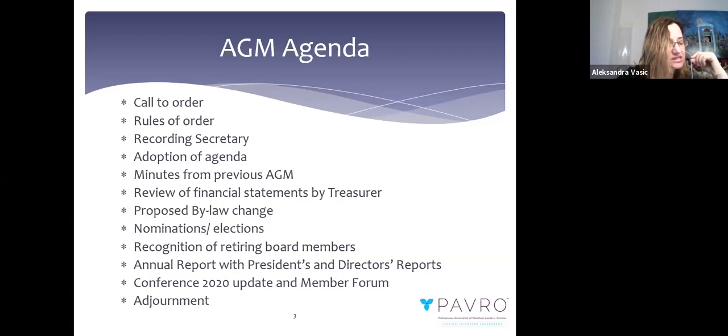We will discuss and vote on our proposed bylaw change. We will put forward our slate of nominations. We're going to recognize our retiring board members, and then we'll have the actual annual report section of our AGM, and then the conference 2020 update, member forum, and then finally the adjournment.